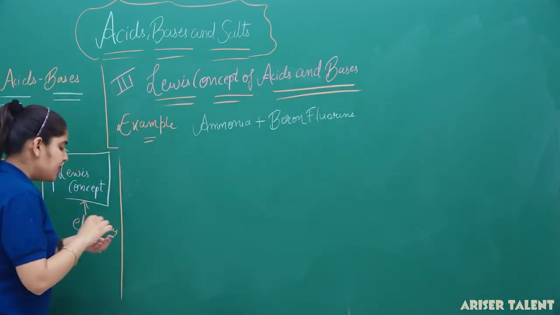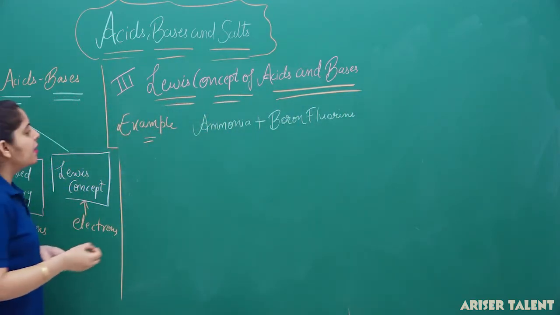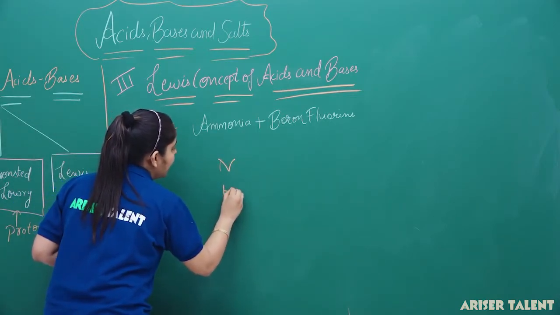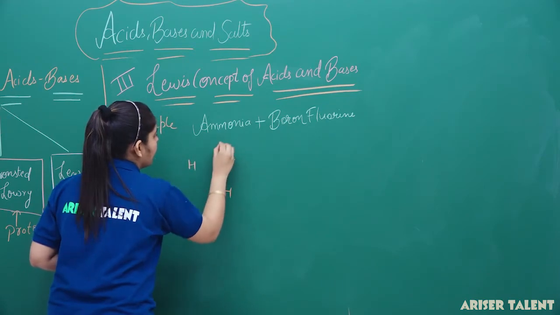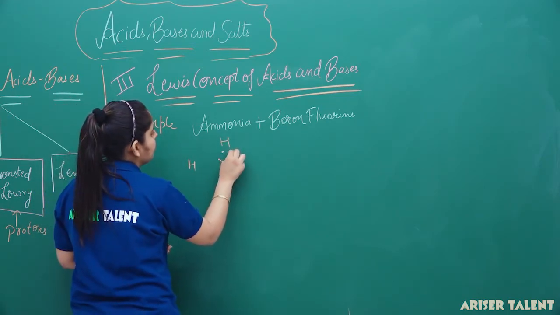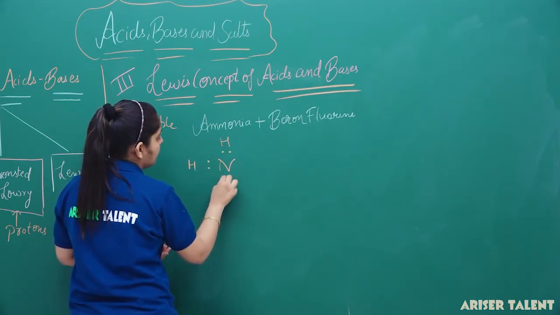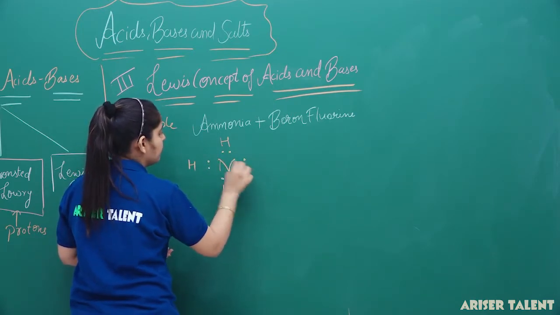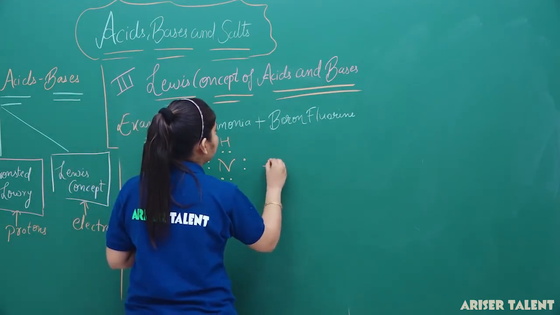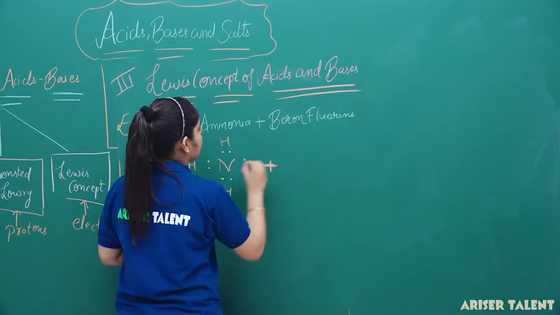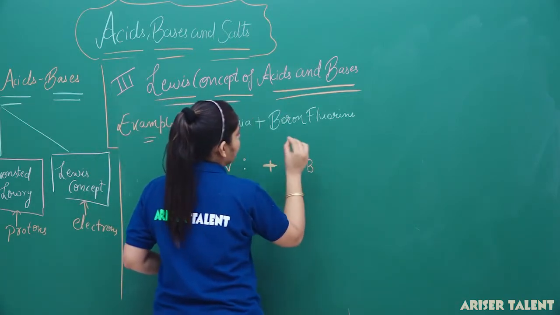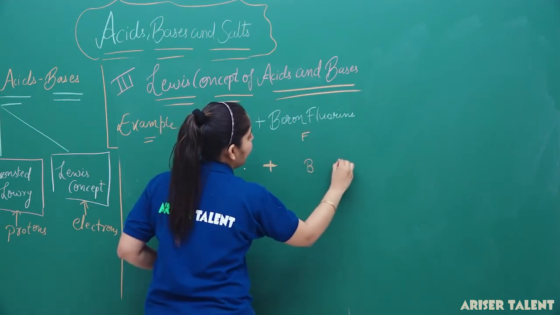Now we can see the reaction as a Lewis acid and base as follows. We know that ammonia can be represented as NH3, with H and H here. It will have these electrons here. This is ammonia. Now I am doing its reaction with BF3, that is boron. Boron will have 3 fluoride ions.